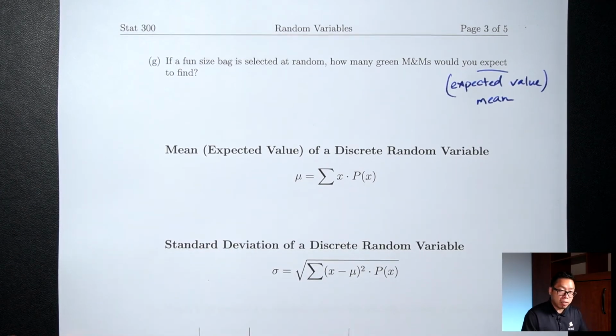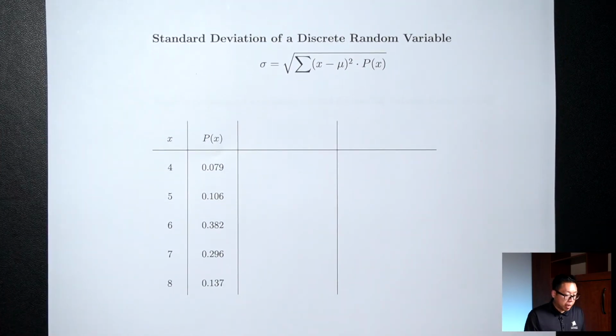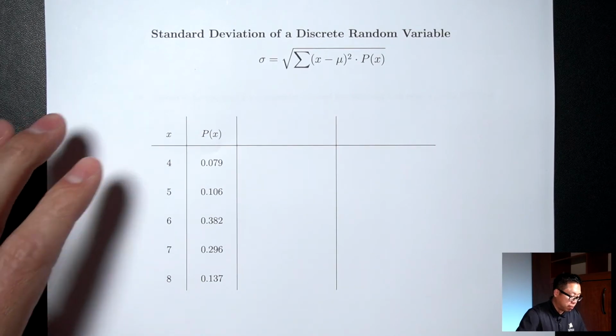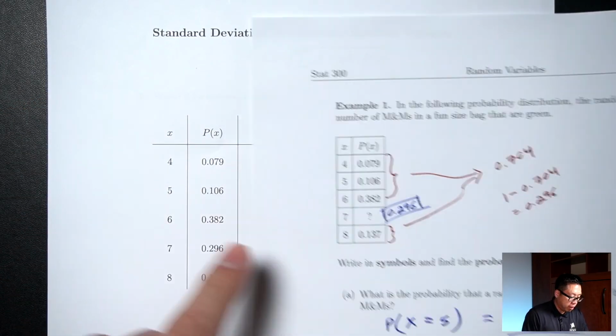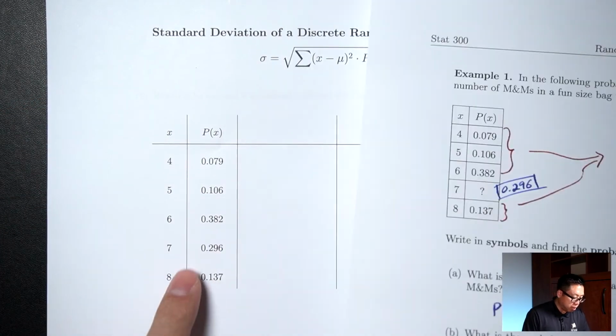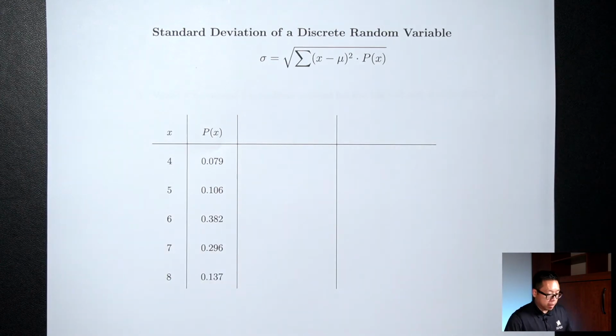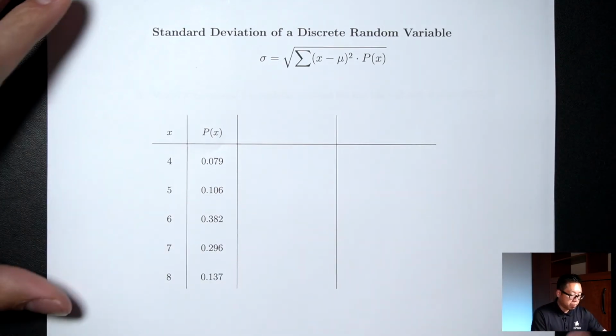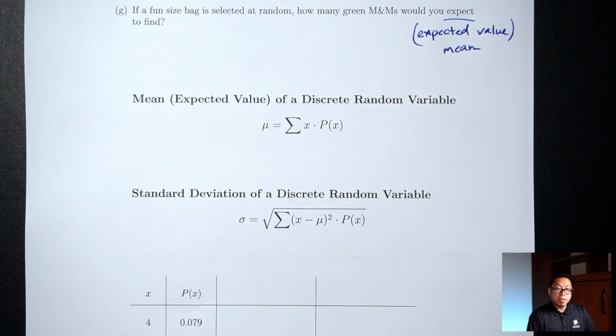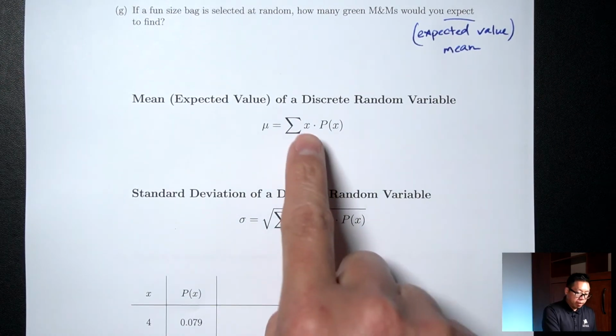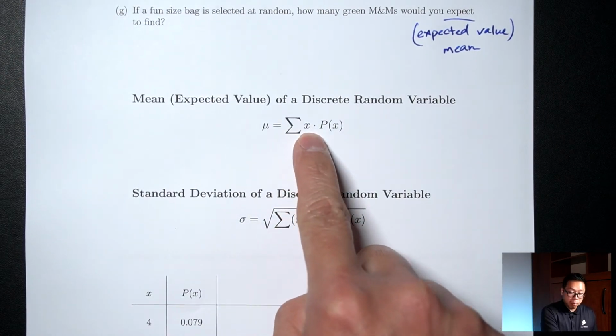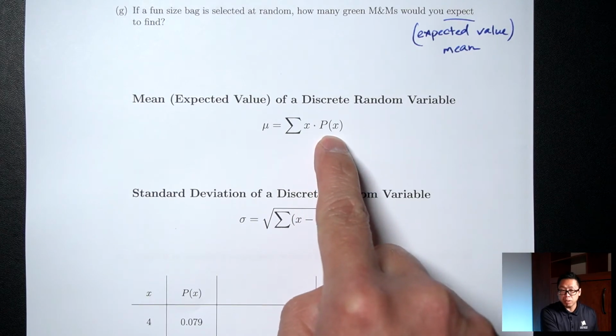What I'll need here is, I'm going to recreate the table from the previous page. All I did here was recopy all the x's and all the probabilities, including the missing one that we found, because I'm going to need a couple more columns. This formula is saying, take your x's and multiply by the p of x, which is the probabilities.